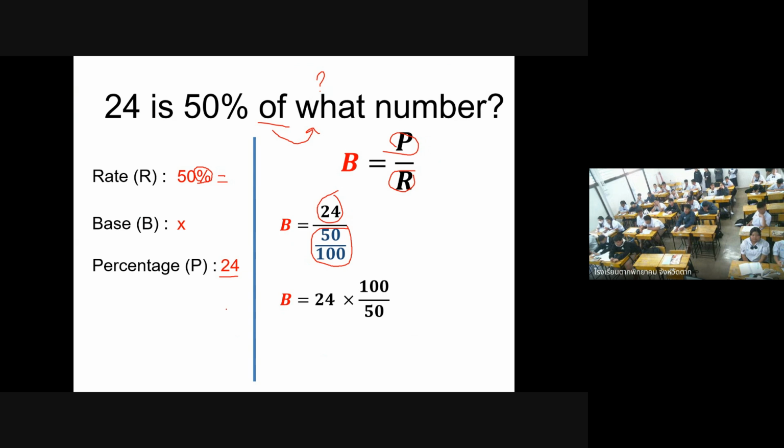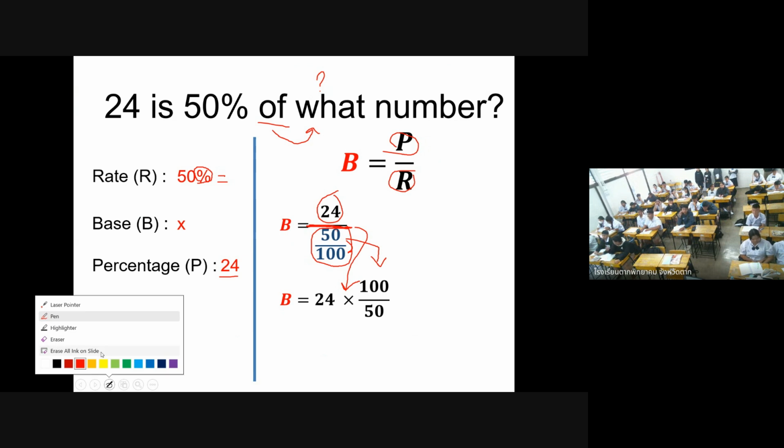Again, this is division, so division will become multiplication and you're going to get the reciprocal. Reciprocal means swapping them. Okay, that is the rule in dividing. You've studied this already, right?